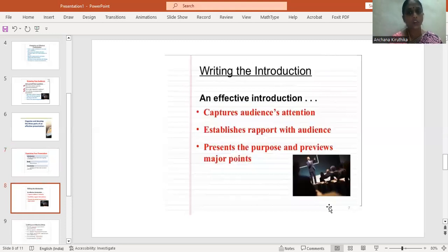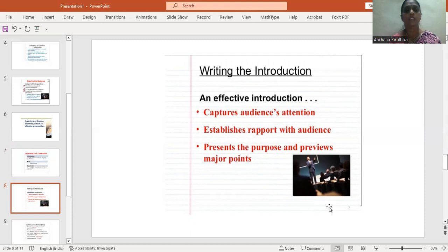While writing the introduction, we have to understand how our introduction may be an effective one. First of all, it should capture the audience's attention. That is the main motto of the speaker.